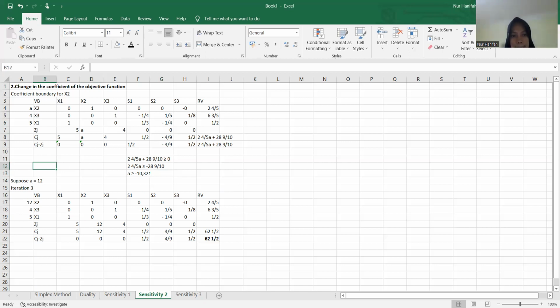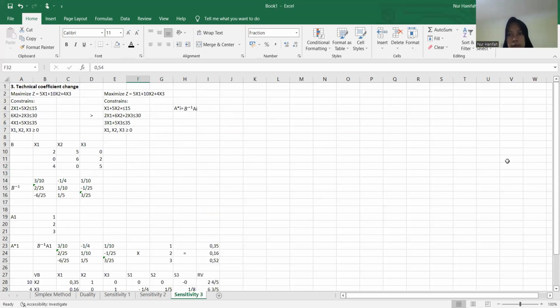So next, we have the technical coefficient change. We get the maximization and constraints here.